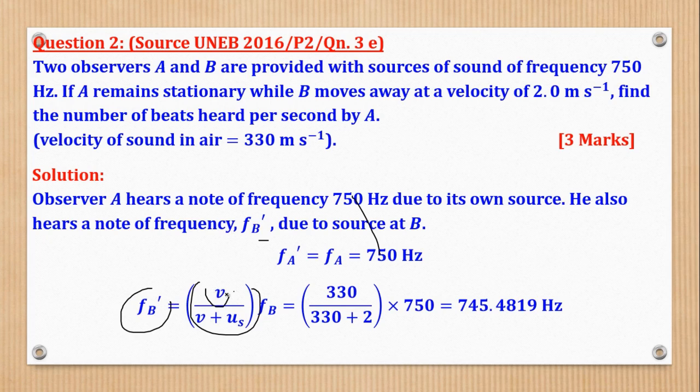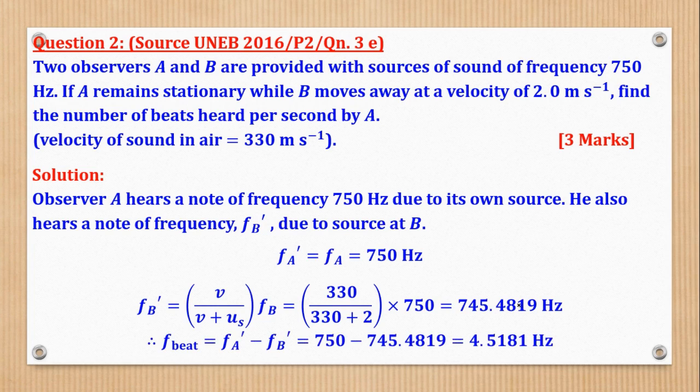That is why there is maximum numerator and minimum numerator and maximum denominator to give you that. So beat frequency will be got by subtraction, and that's what they wanted.